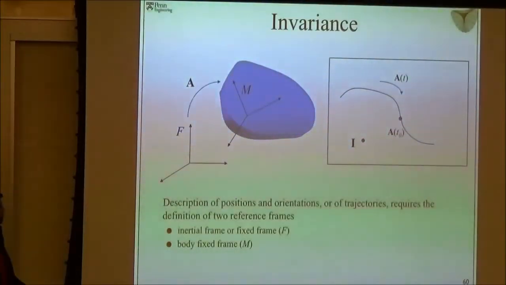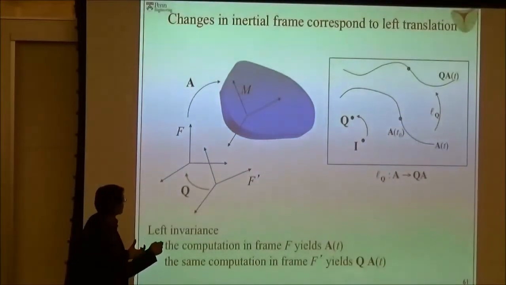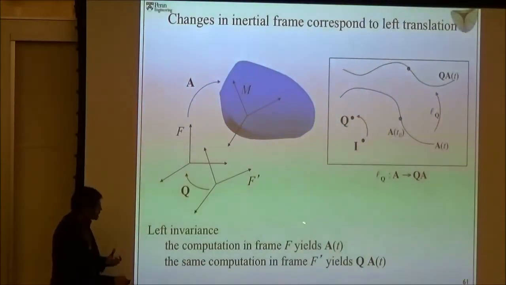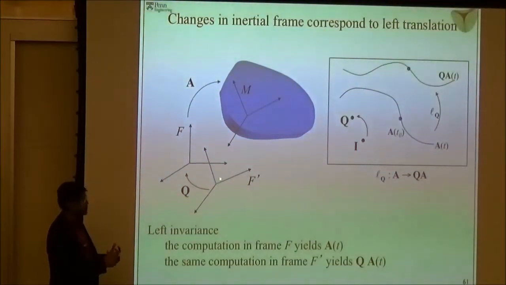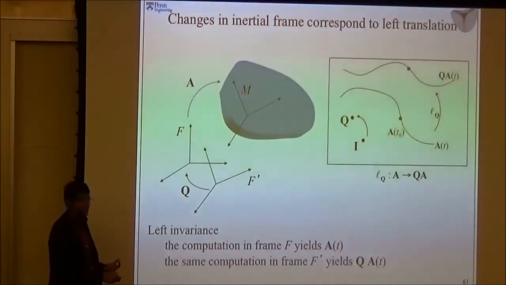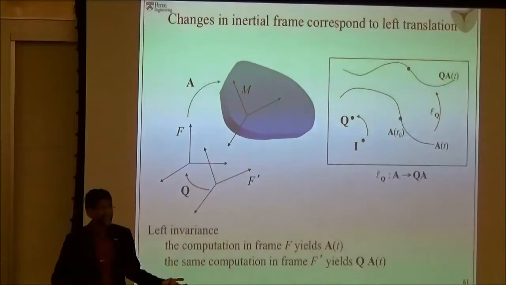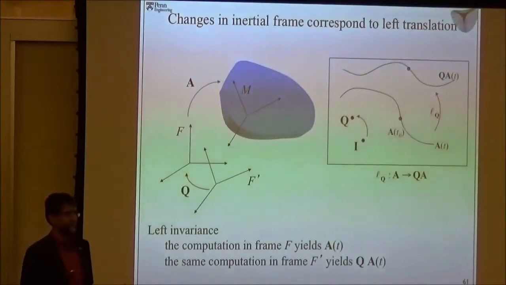Right? So as I explained to you earlier, if I did the computation in frame F and I got A of t, if I do the same computation in F prime, what should I get? I should get Q times A of t. If I get something else, then the computation is not left invariant.